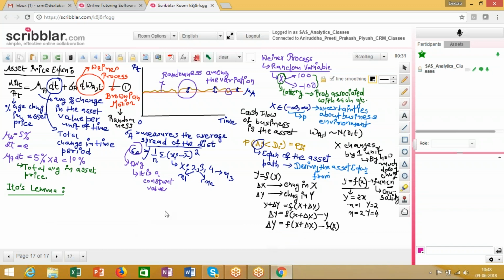So now, how can I compute the change in y that is expected when x changes by 1 unit? What would be the change in y corresponding to the change in x by 1 unit?